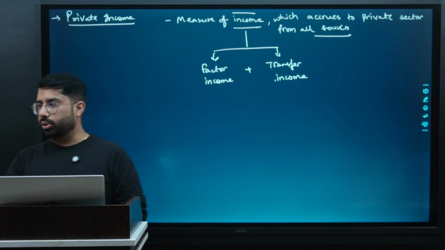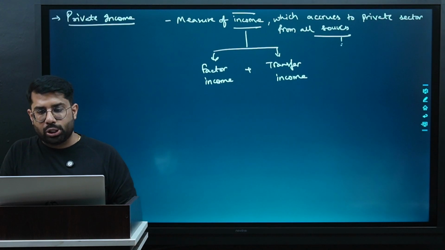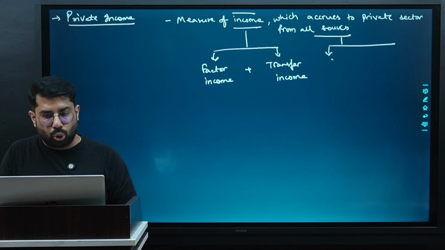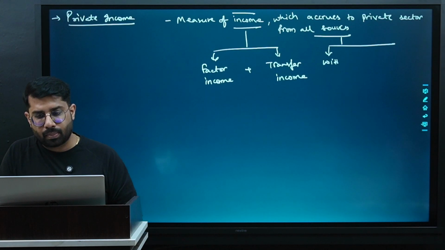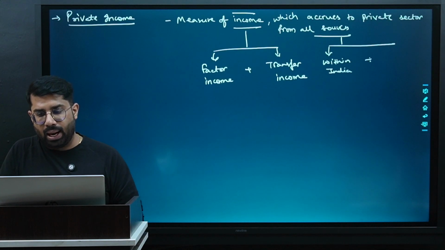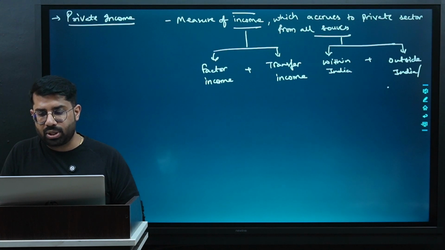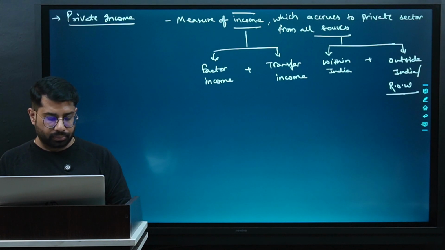Okay, one more thing. When I say all sources, it includes the sources within India and outside India. You can say outside India, or you can simply say from rest of the world. Clear hai?